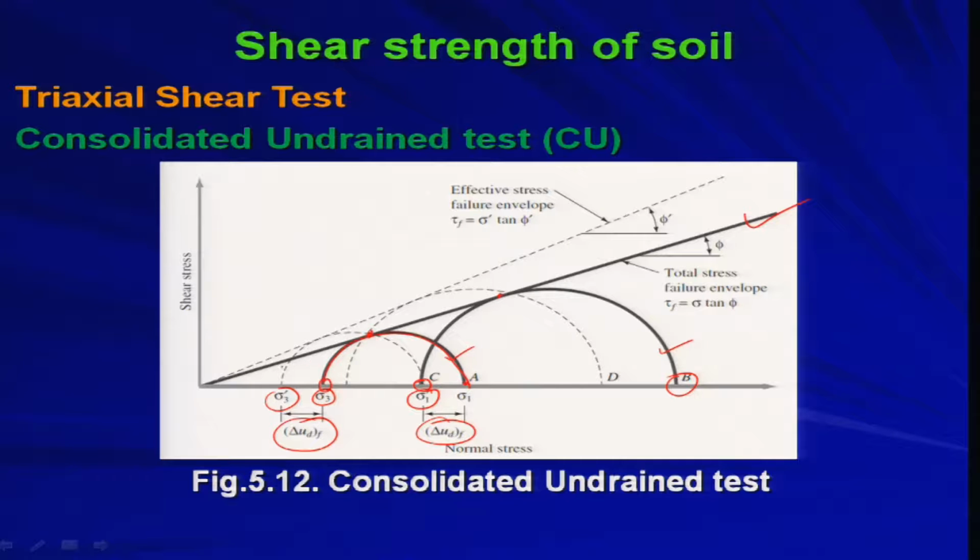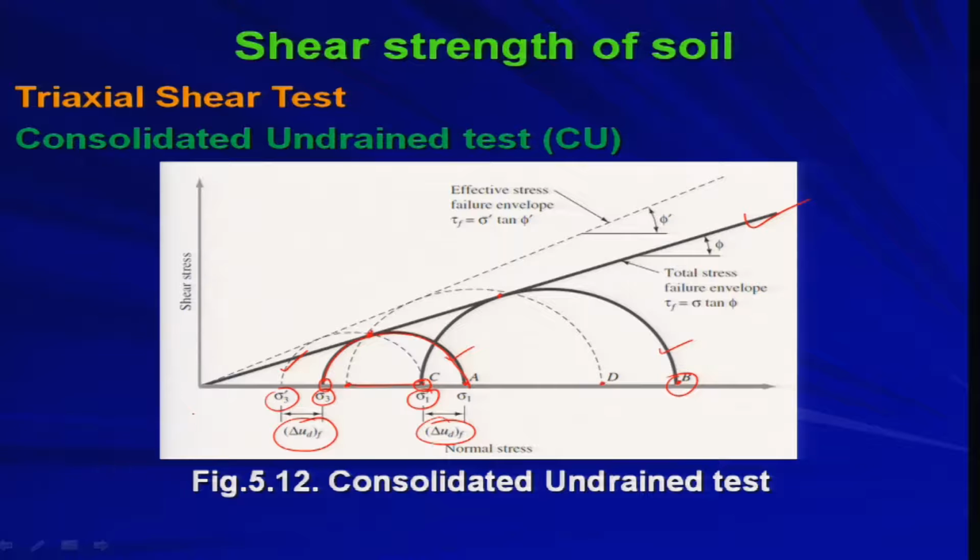So you get this dotted Mohr circle, which gives you the effective stress Mohr circle. Similarly, for the increased sigma 3, it will come to this point with the subtraction of delta UDF, and sigma 1 should come to this point, sigma 1 prime, which gives you the effective major principal stress, right.